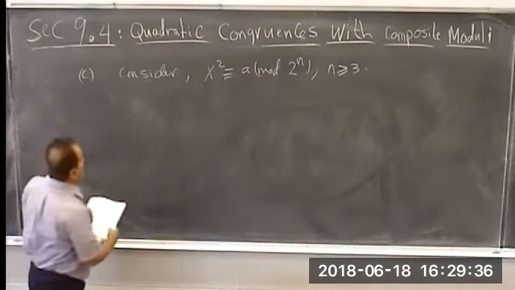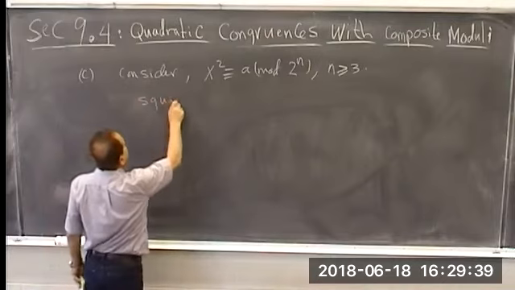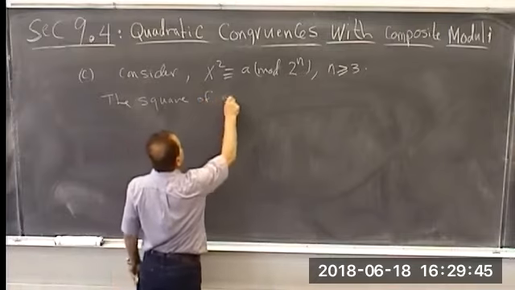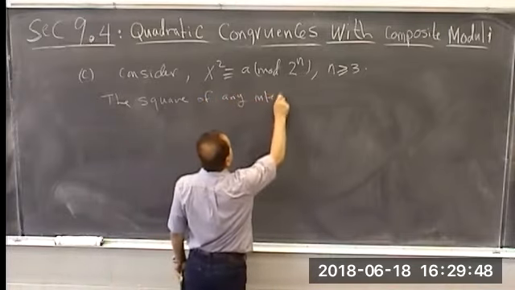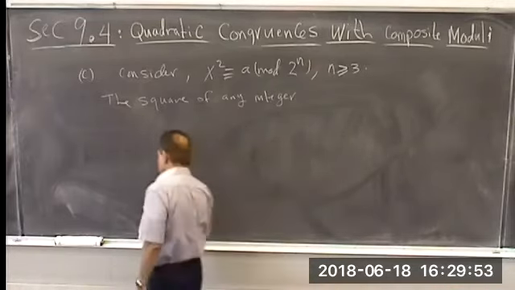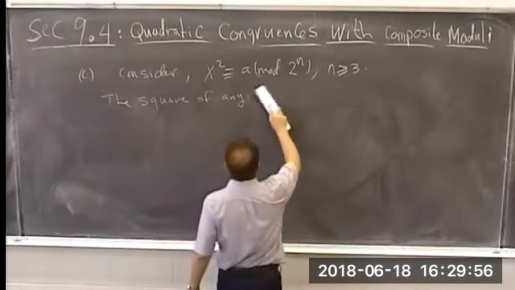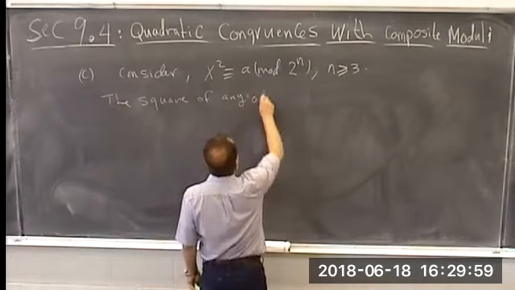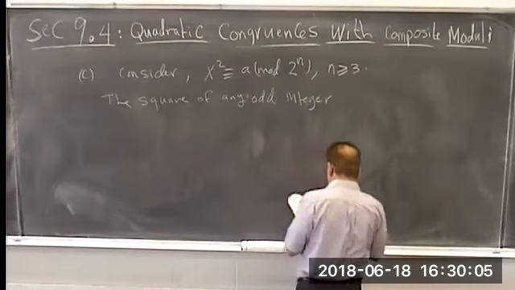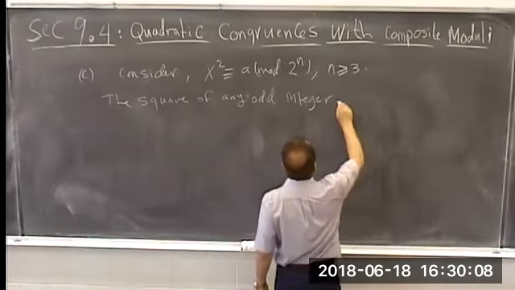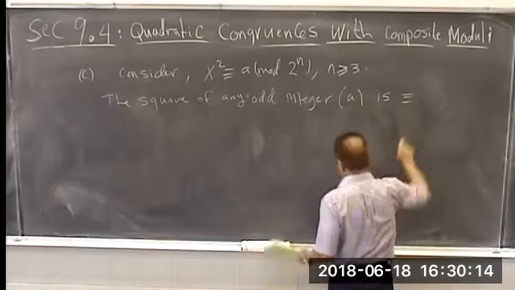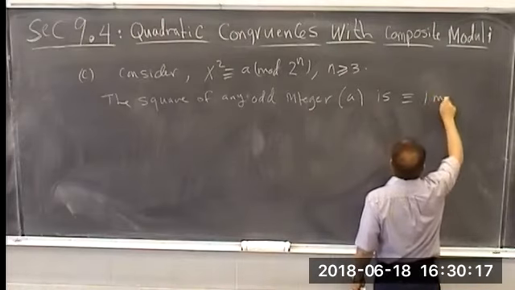Again, we have the square of any odd integer, in this case A, is congruent to 1 mod 8.